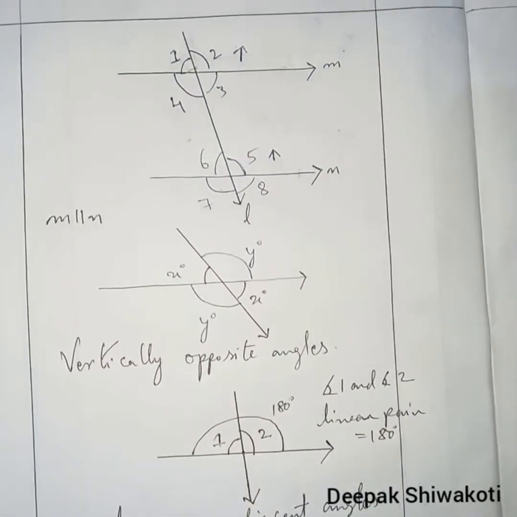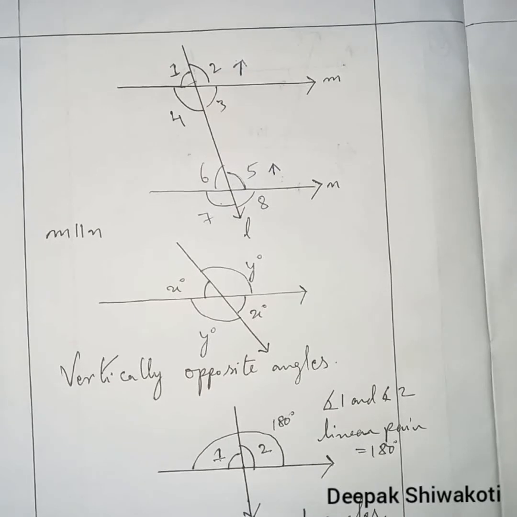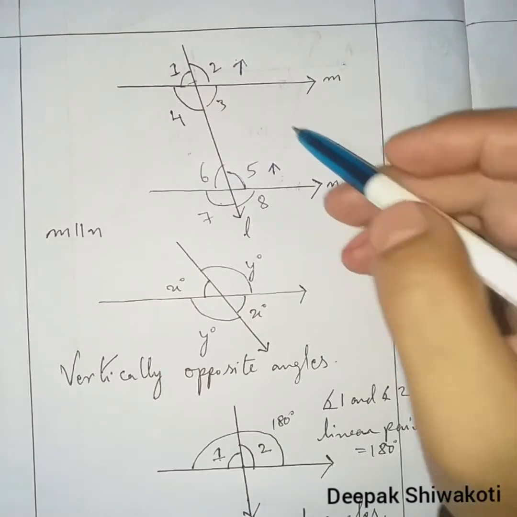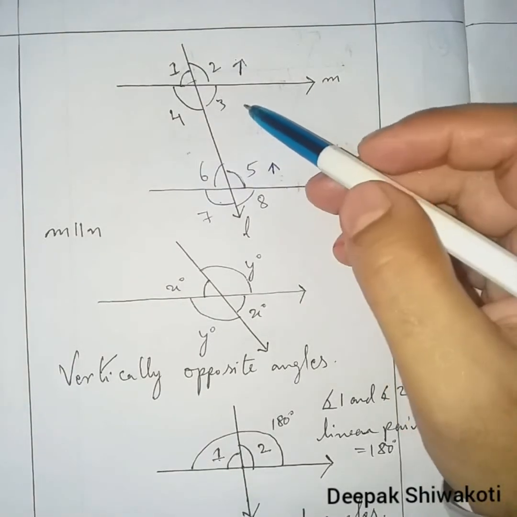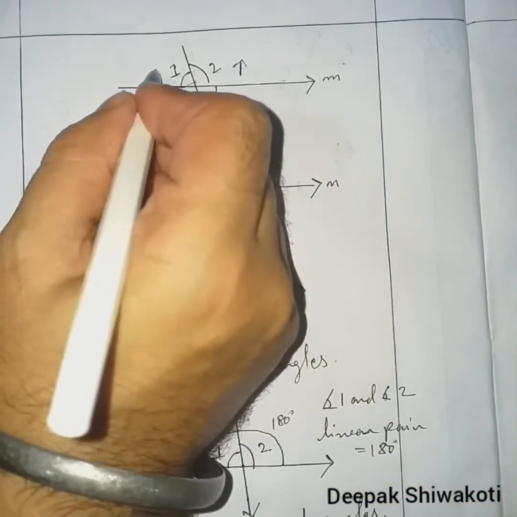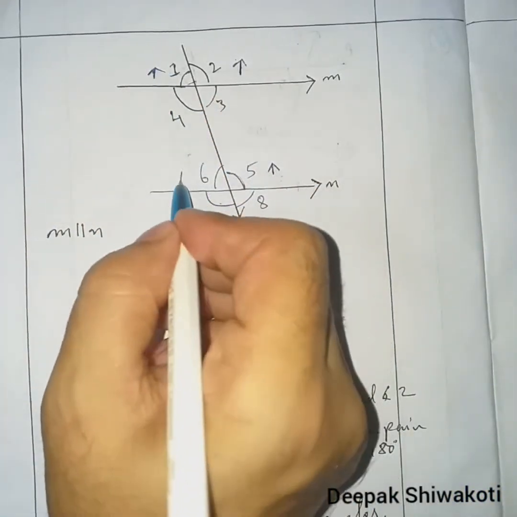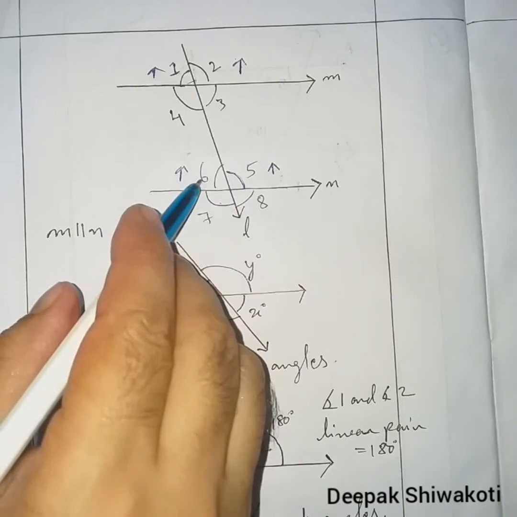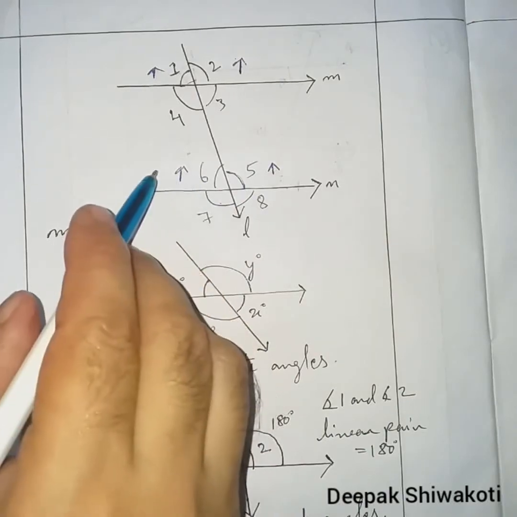Now if you see this figure again, there are more corresponding angles, like angle 1 and angle 6. These two are also corresponding to each other, isn't it?